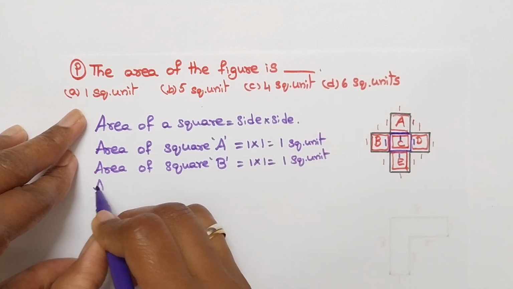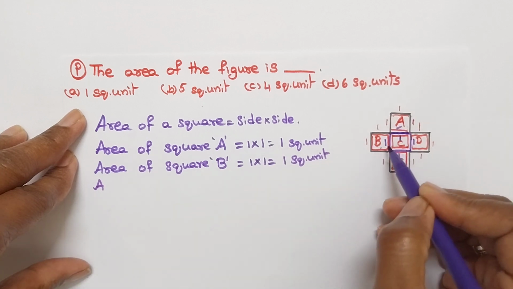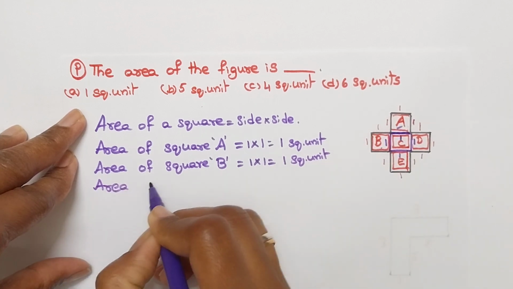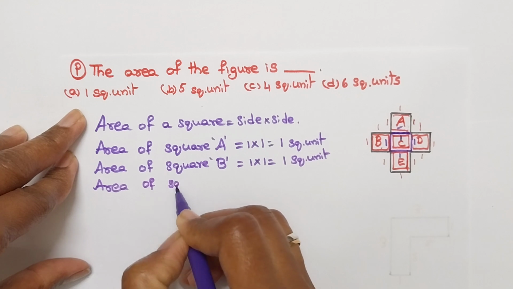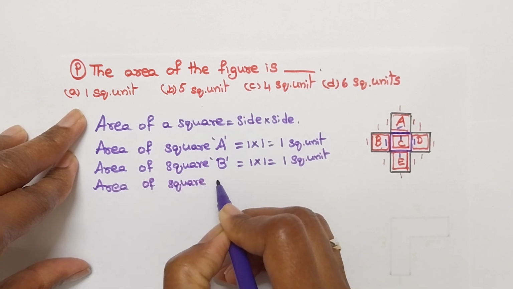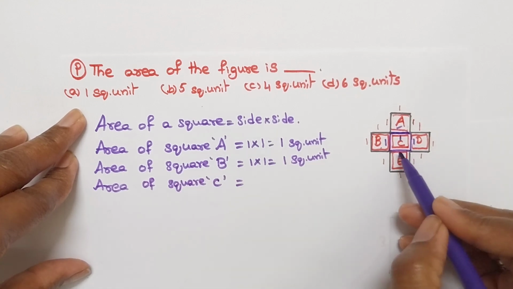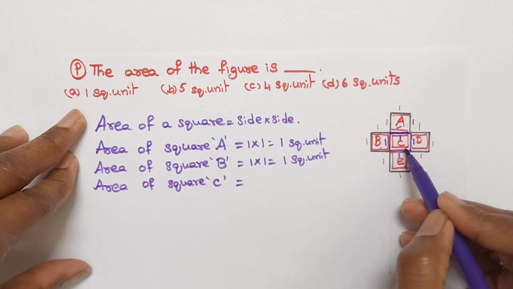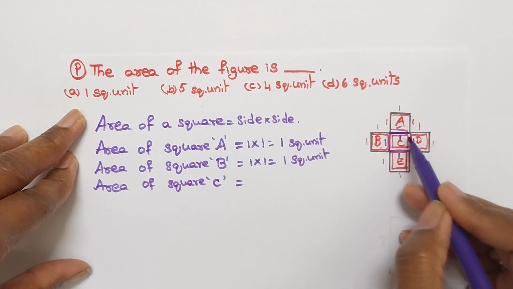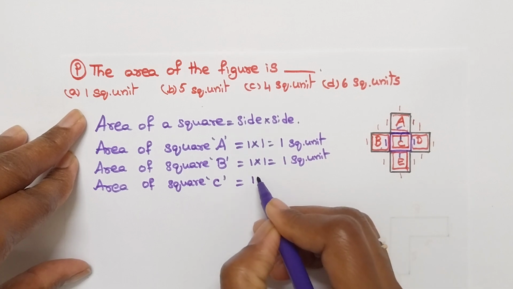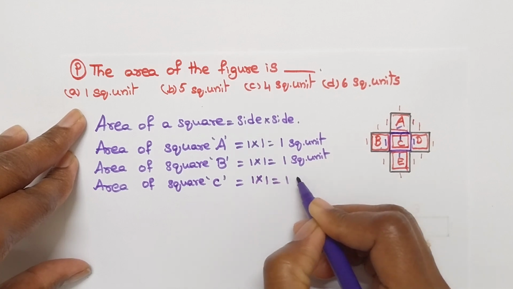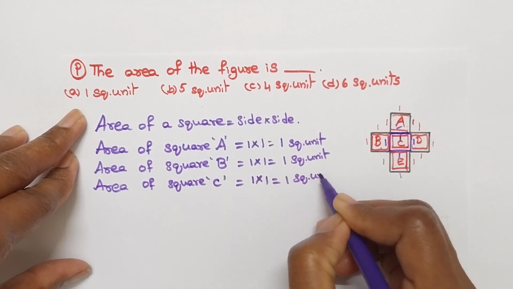A done, B done. Area of square C. What is the length of the side of the square C? 1, 1, 1, 1, same. So 1 into 1, 1 square unit.